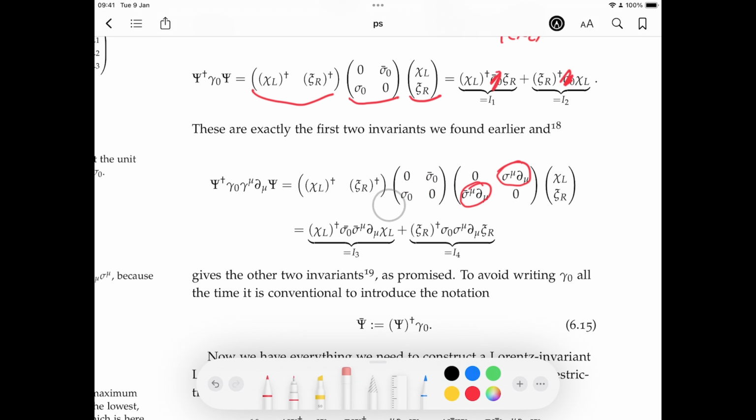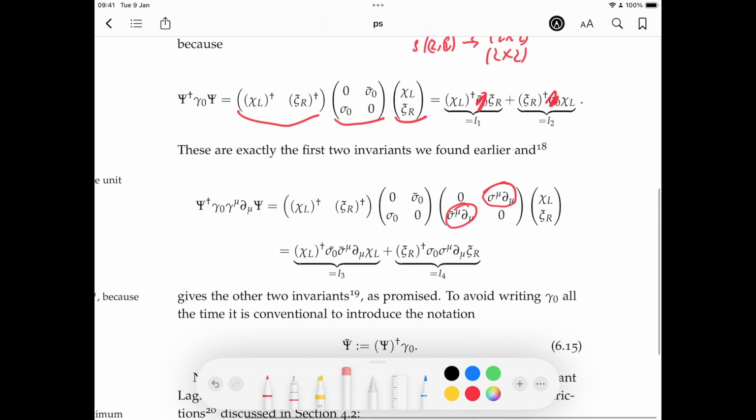It's true that sigma 0 won't impact spinors, but for a 4x4 matrix, probably it will impact and mix some components. So on the right here, you can remove them. It's okay to remove them on the right, but probably it's not okay to remove them on the left. You need to apply them to the different parts of the Dirac spinor, to the Weyl spinors. So that's exactly what's happening here.